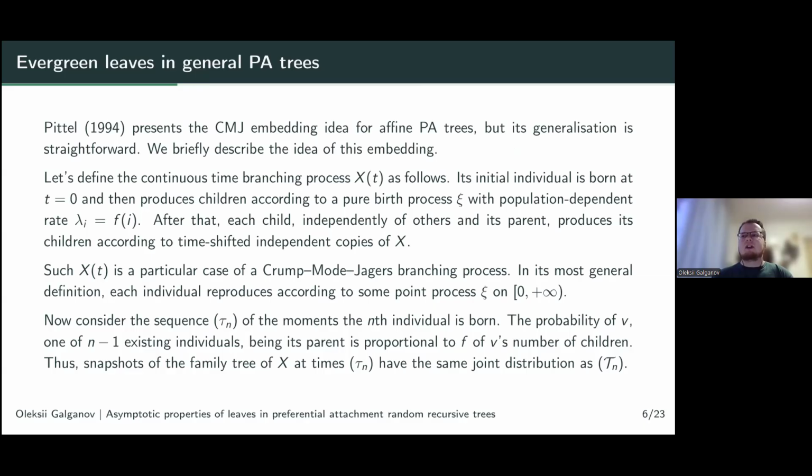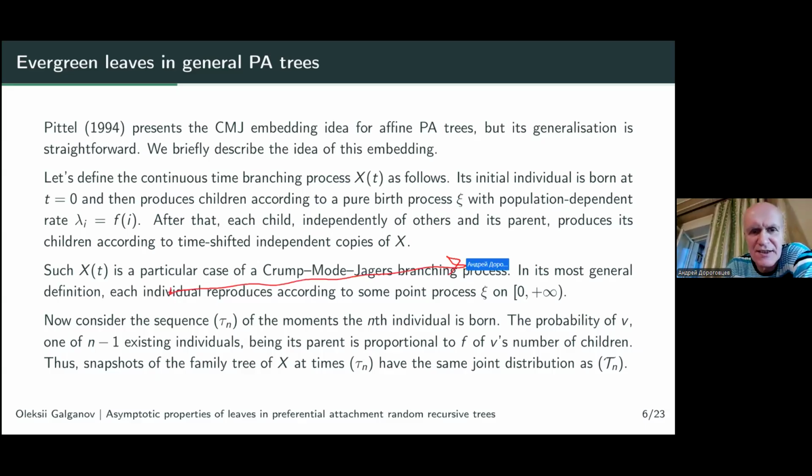But there's also a more generalized version of CMJ in which each individual gives birth according to different point processes. But in case they use independent copies of the same one, then yes, the subtrees are the same.